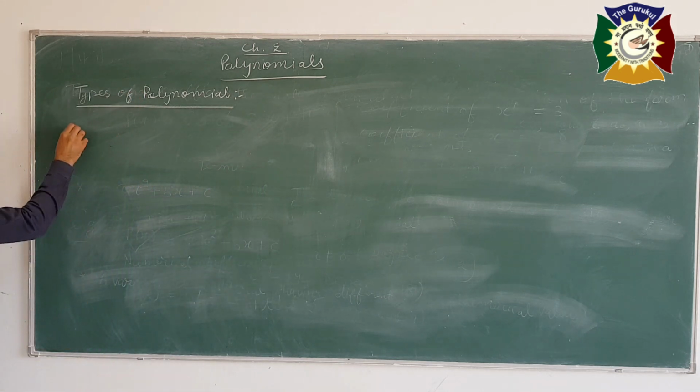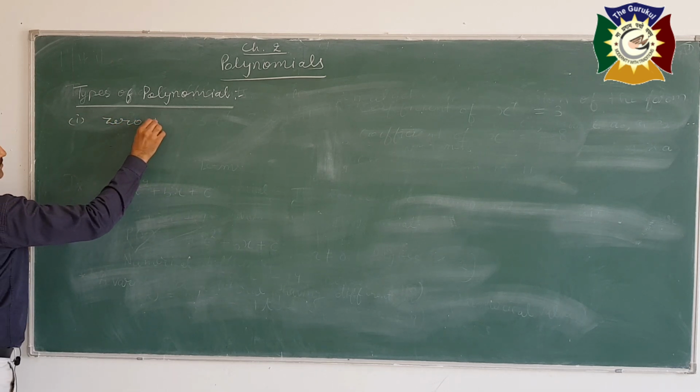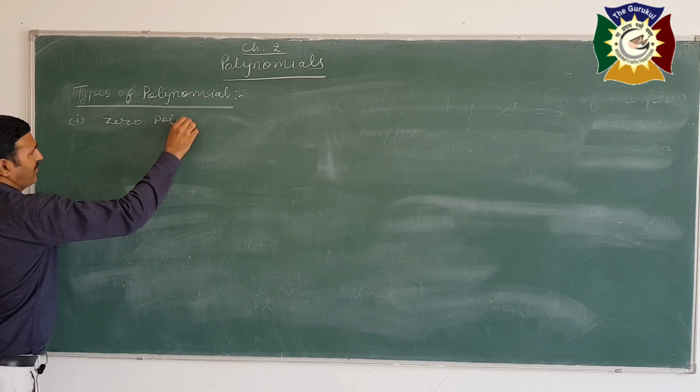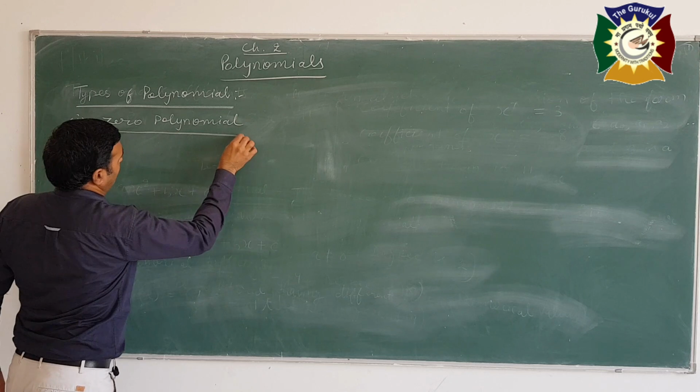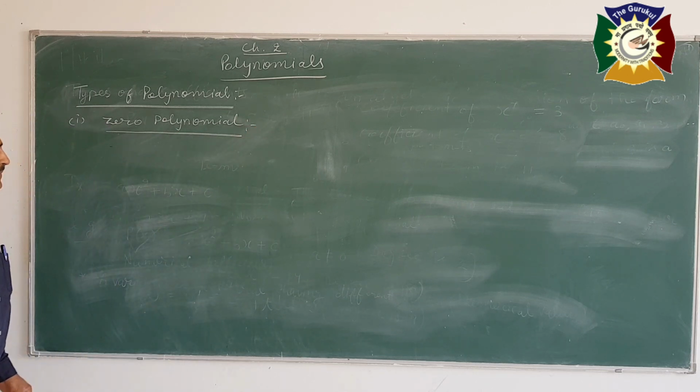The first type, zero polynomial. What is a zero polynomial?